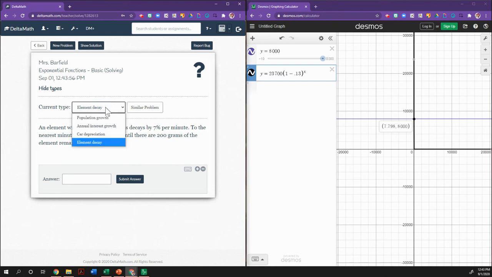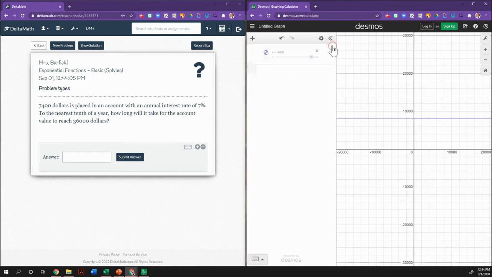New problem. We've done decay, we've done depreciation. Let's do annual interest. $7,400 is placed in an account with an annual interest rate of 7%. To the nearest tenth of a year, how long will it take for the account to reach $36,000?